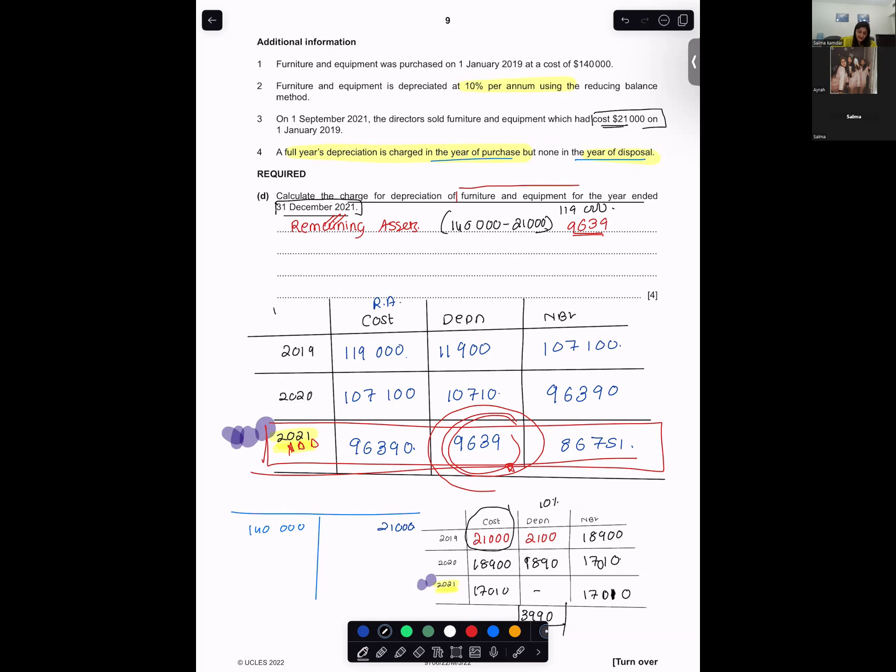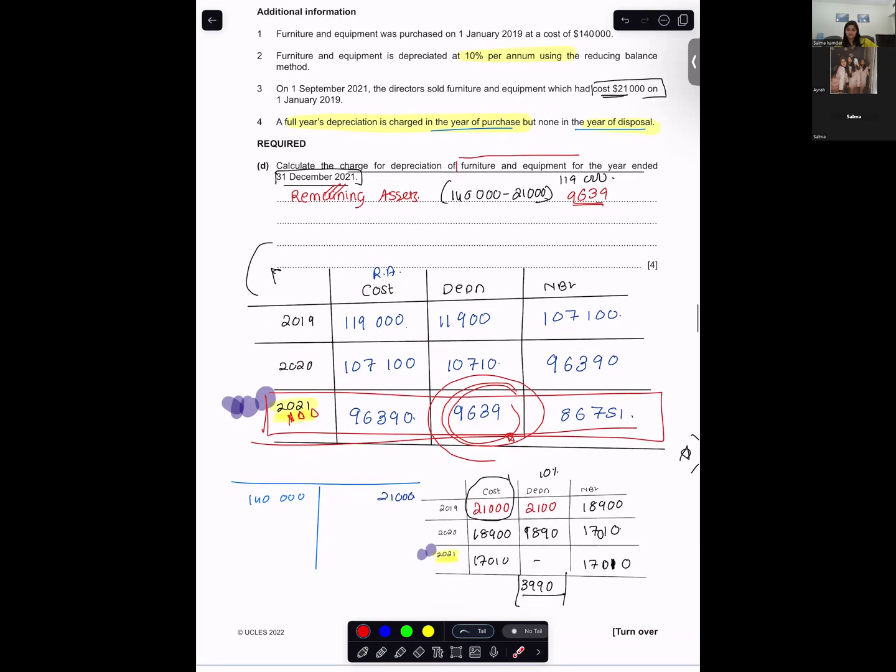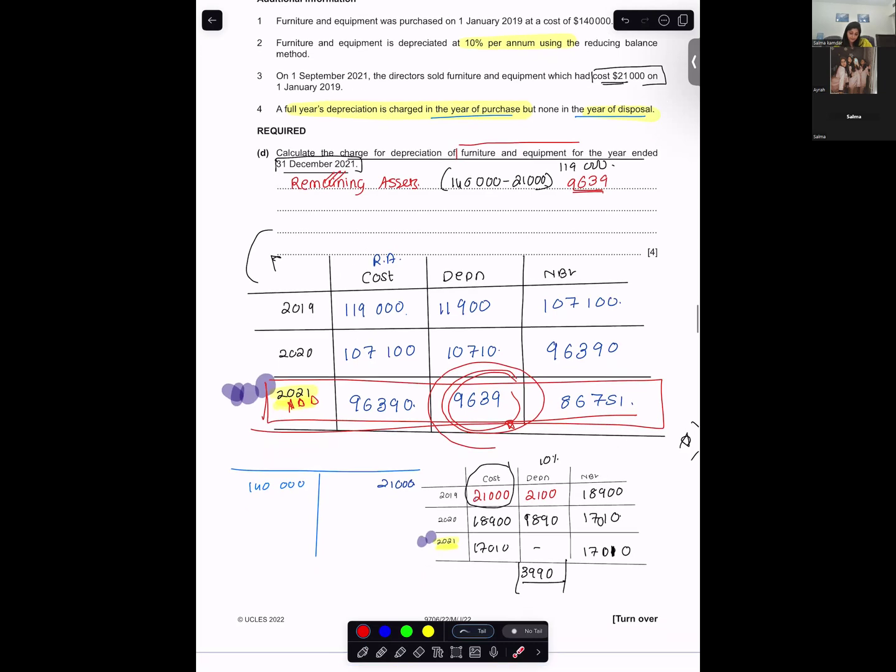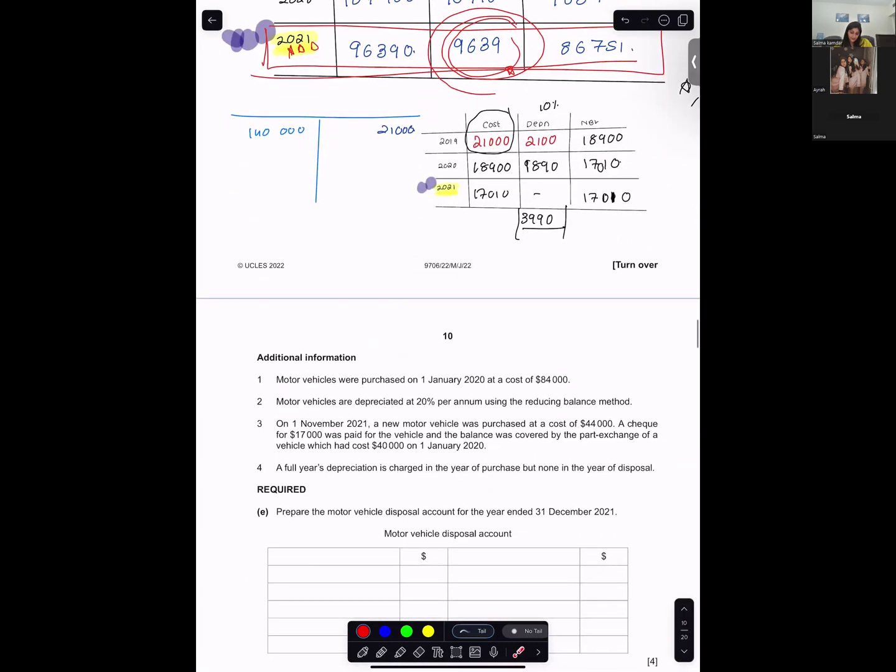And for your remaining assets, you have the depreciation charge for 19, depreciation charge for 20, depreciation charge for 2021. And they want the depreciation charge for 2021. Are you with me? Yes, Miss. You're sure? Let's go ahead.